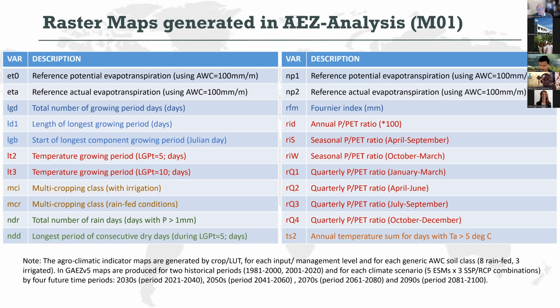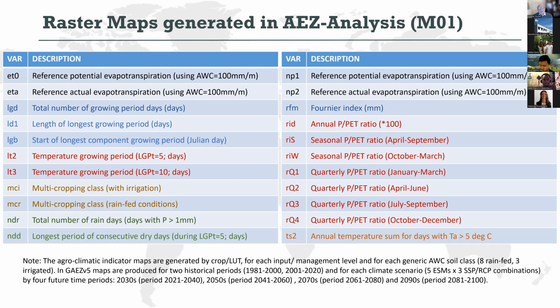This can be a contiguous period, but it can fall in more than one period. So we also calculate what is the length of the longest contiguous growing period and what is the starting date of the longest component growing period. There are also similar concepts applied to temperature regimes.